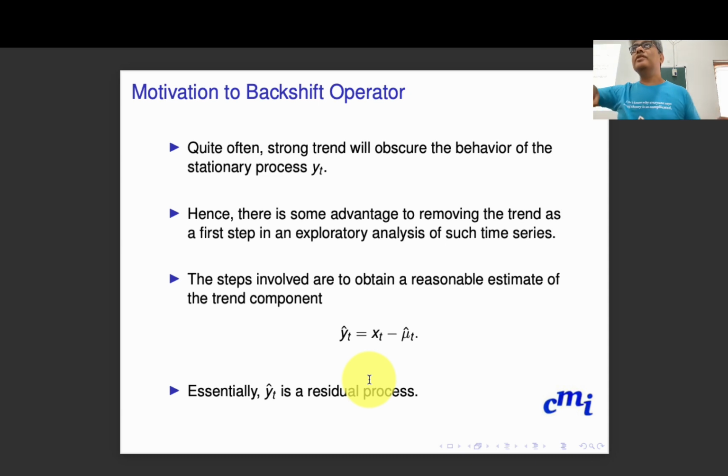This is precisely what I was talking about: at least you have a mean stationary process in the residuals after taking care of the trend and seasonality. You may have autocorrelation, no problem, and all you are assuming is that your autocorrelation is stationary. That's it. That is the assumption that you are making.